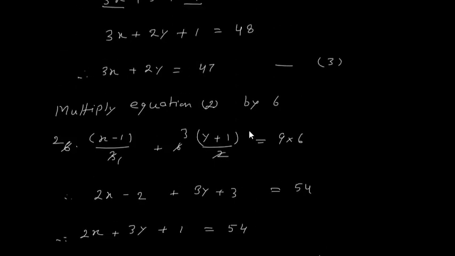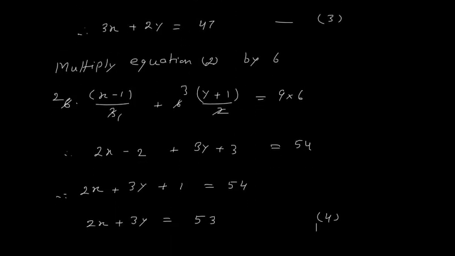Now equation 3 is 3x plus 2y is 47 and equation 4 is 2x plus 3y is equal to 53. If you remember, we have done one problem in which the coefficients of x and y are interchanged in the two equations, like here we have 3x in equation 3 and 3y in equation 4, 2y in equation 3 and 2x in equation 4.